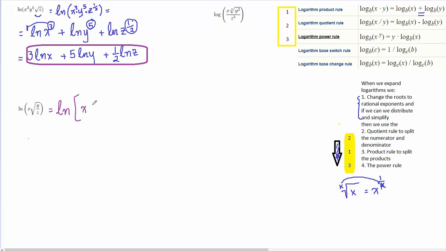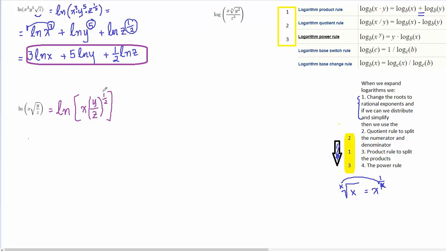It doesn't change anything to my argument. Now I have the square root here that is applied to a fraction. So what I need to do is change it as y over z, but the entire fraction is to the 1/2.